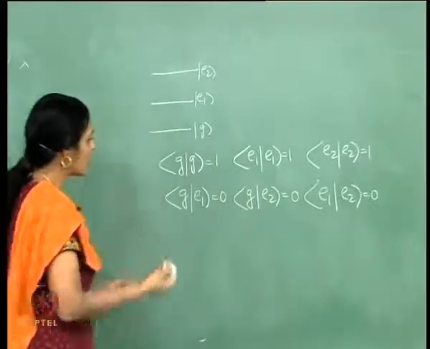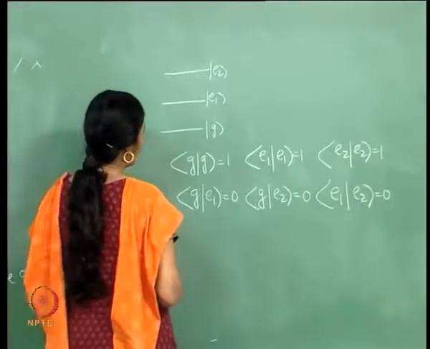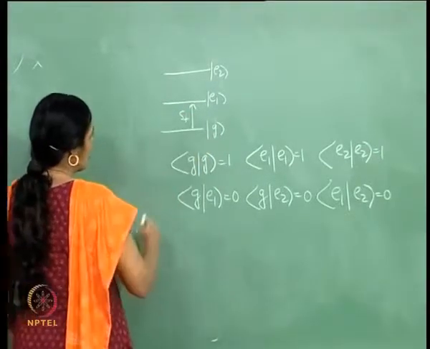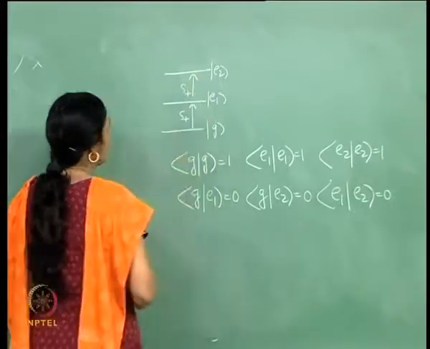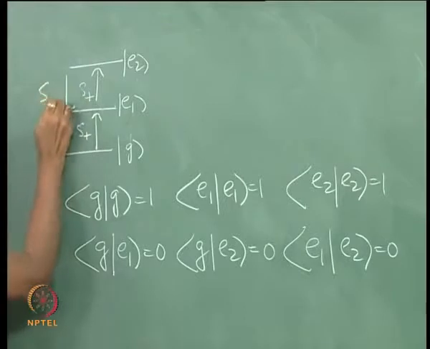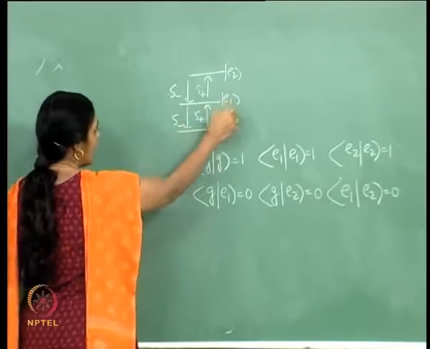I use the Dirac notation wherever possible so that you may familiarize yourselves with this very comfortable, powerful and concise notation. What is the role of S plus? S plus is the operator which takes G to E1 and E1 to E2. S minus is the operator that brings E2 down to E1 and E1 to G.